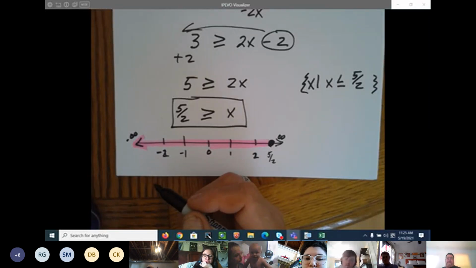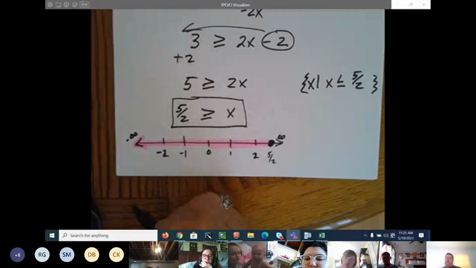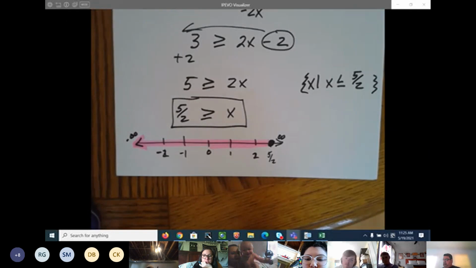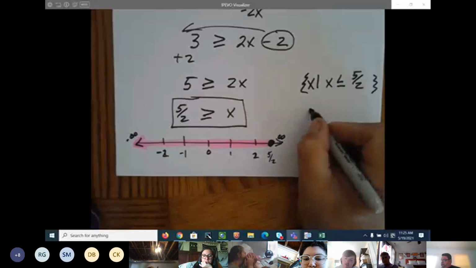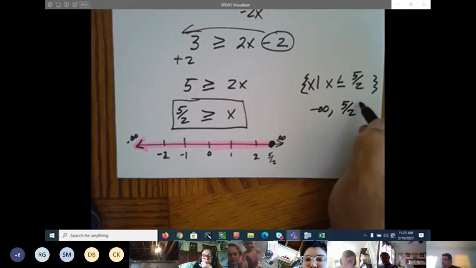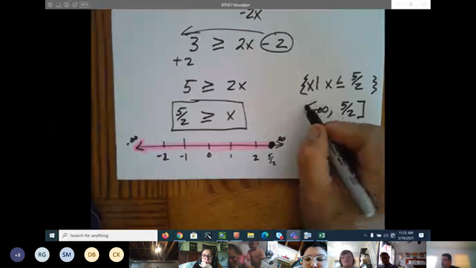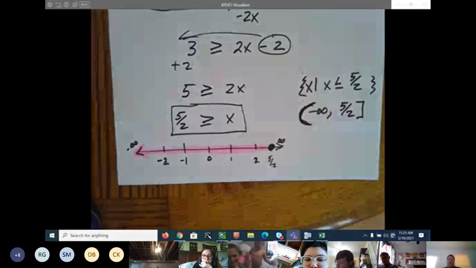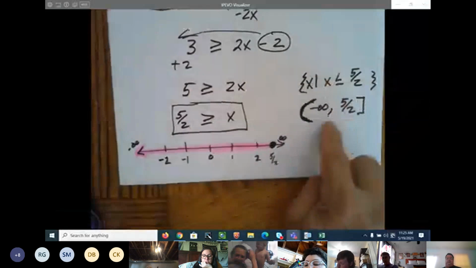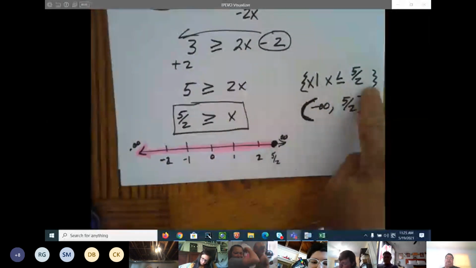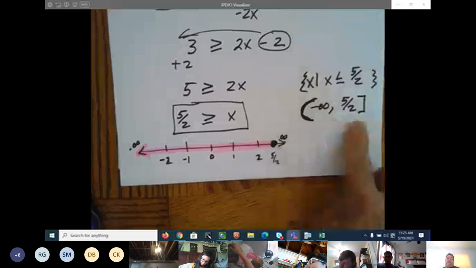Read the pink shade from left to right. Negative infinity to 5 halves, and then bracket, parentheses. And there's your 3 answers: graphing, set builder notation, and interval notation.